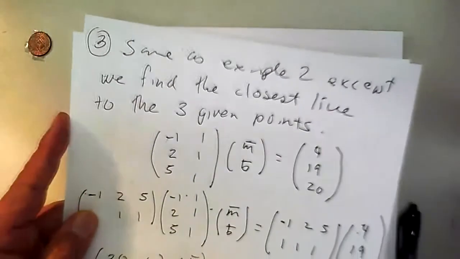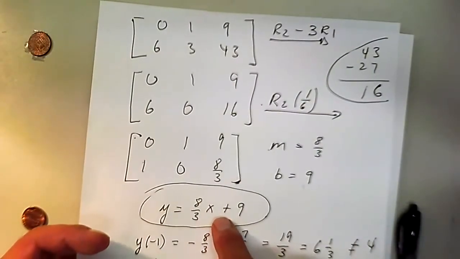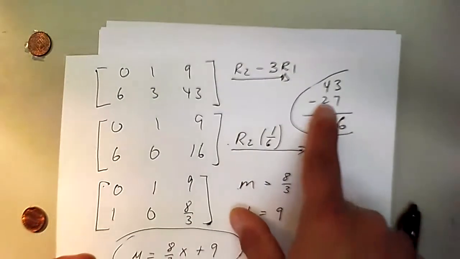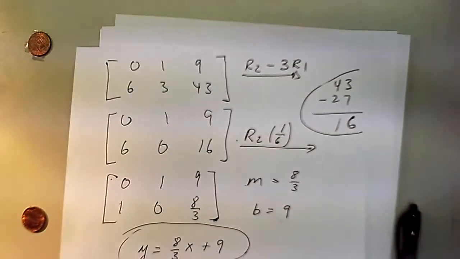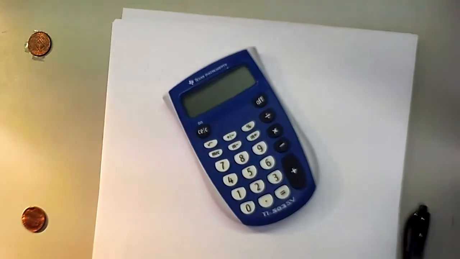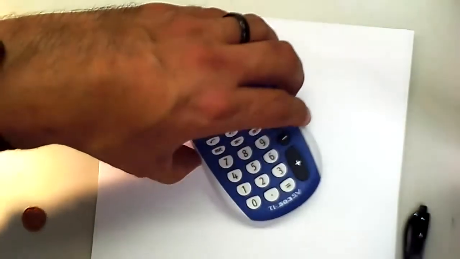I just verified that we got the answer correctly using the calculator. All of these computations were done by hand. Notice I'm multiplying and subtracting by hand. The expectation is that we're going to use a simple calculator like this one for the problems that we're given.